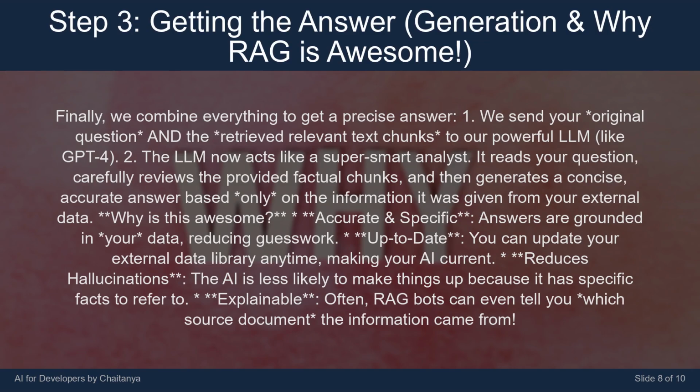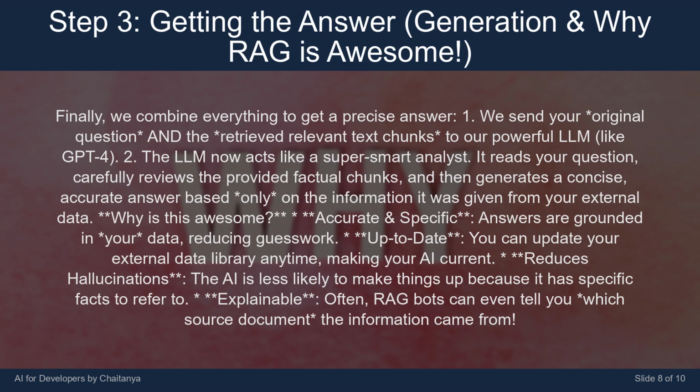We send your original question and the retrieved relevant text chunks to our powerful LLM, like GPT-4. 2. The LLM now acts like a super smart analyst. It reads your question, carefully reviews the provided factual chunks, and then generates a concise, accurate answer based only on the information it was given from your external data.